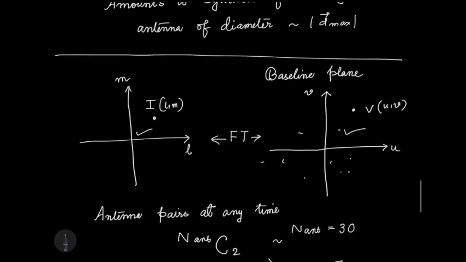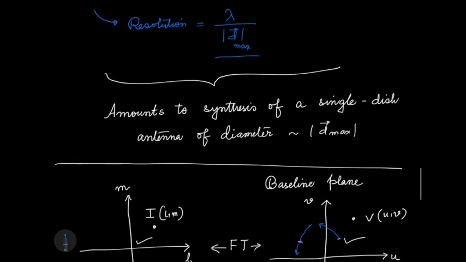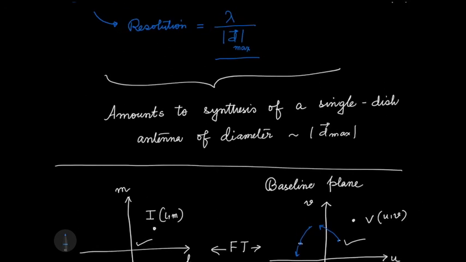And as the components change, these points move around in the baseline plane. And that is what gives rise to a lot of points, a lot of Fourier components measured in the baseline plane. And then I will be able to convert it. So remember that we called this aperture synthesis. So this is synthesis of a single dish antenna. So this is what we call aperture synthesis.